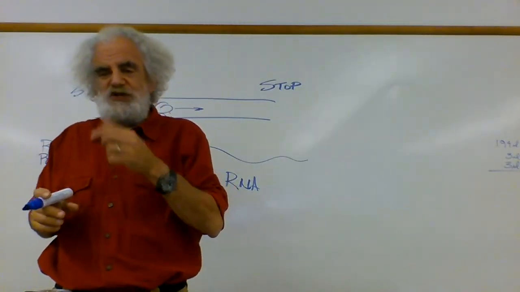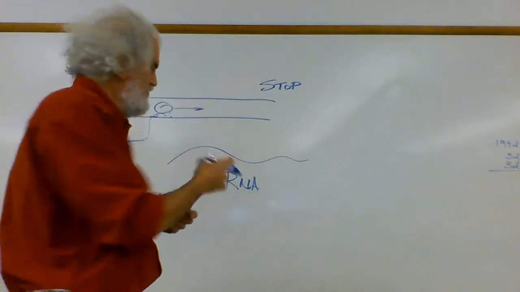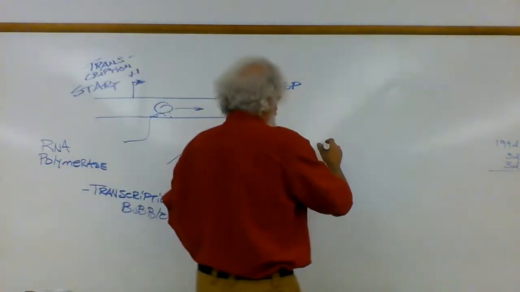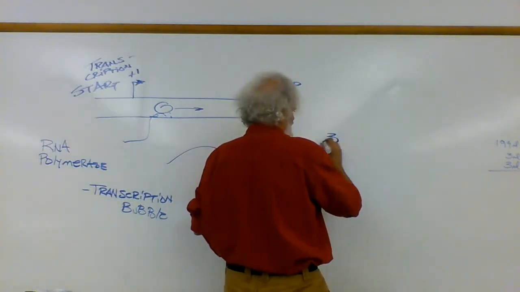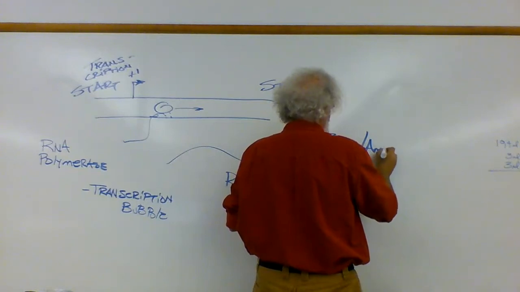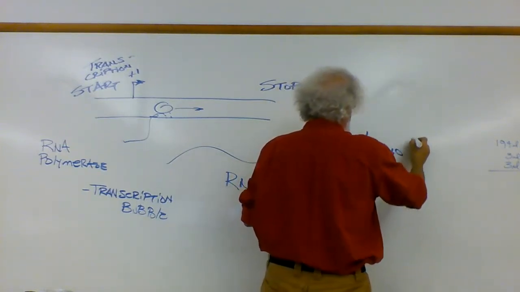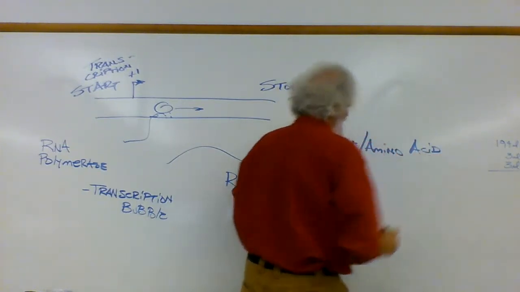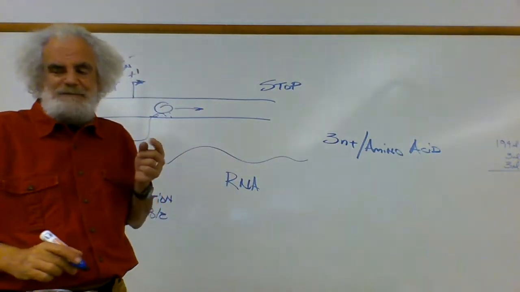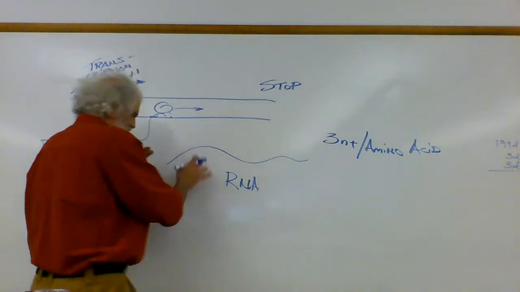And what this is going to do is turn this RNA sequence into an amino acid sequence. And the amino acid sequence is read 3 nucleotides at a time. 3 nucleotides are what you read to determine one amino acid. And there is a set of structures.